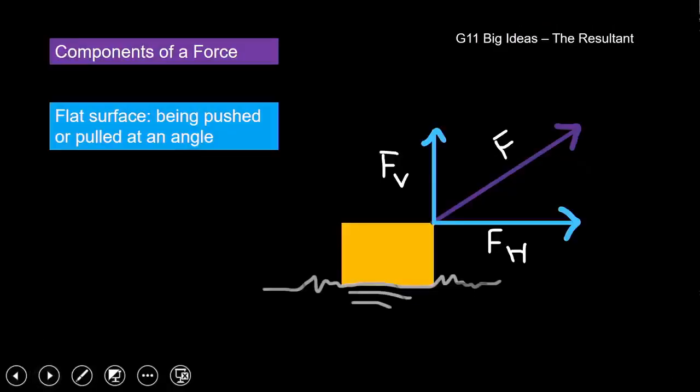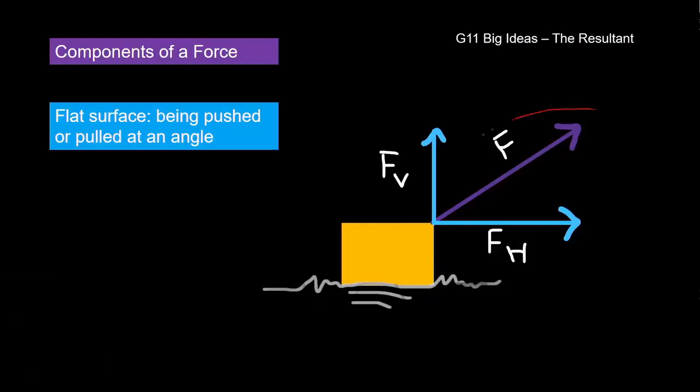Right. Let's get on to the real nitty-gritty, the big idea about the resultant. So if we have a vector, and this is a force, the force vector, you can see I've drawn it in purple over here. These are forces that are now acting at an angle.